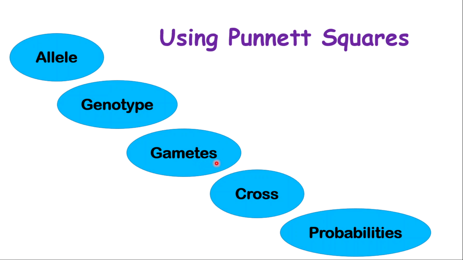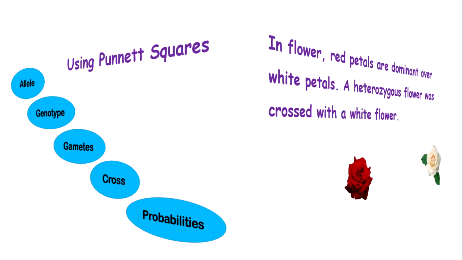Then from your gametes, you do your crossing, because once gametes are put together, they will fuse and form offspring. When you do your cross, you study it and look for the possibilities or probabilities within the offspring. All right, so let's get into it.